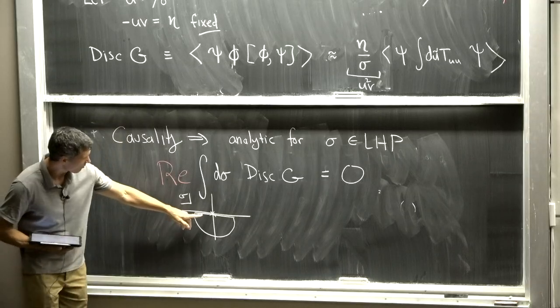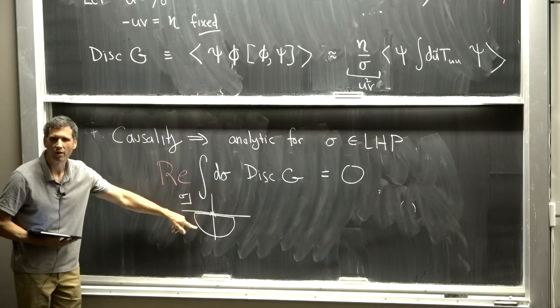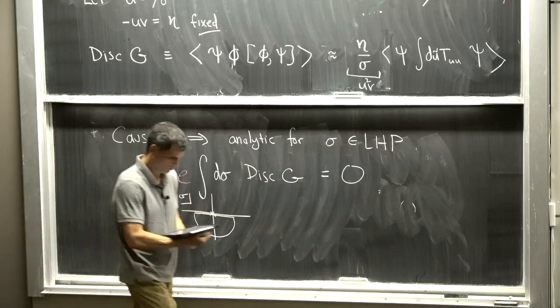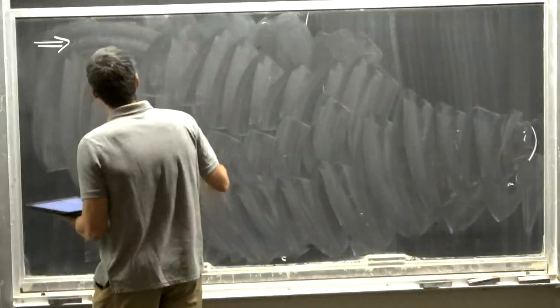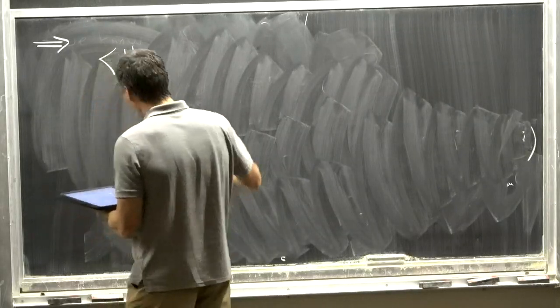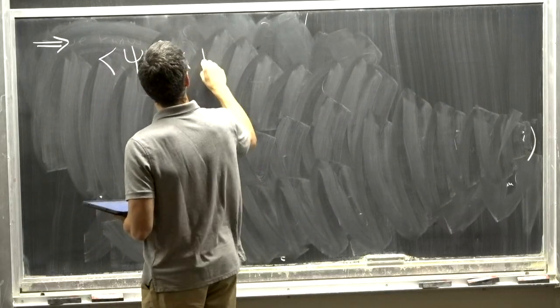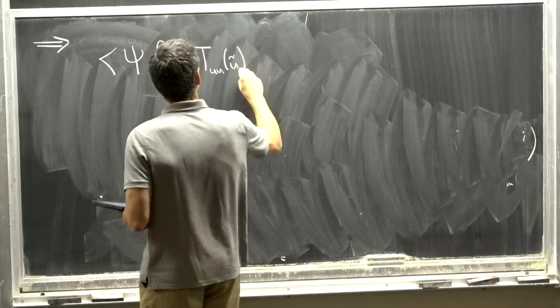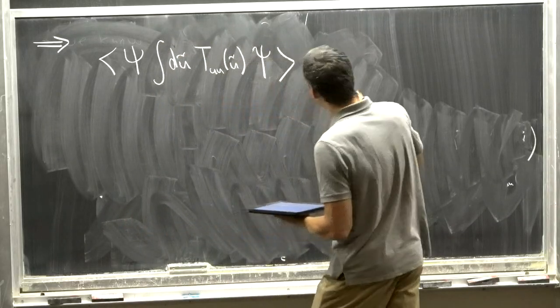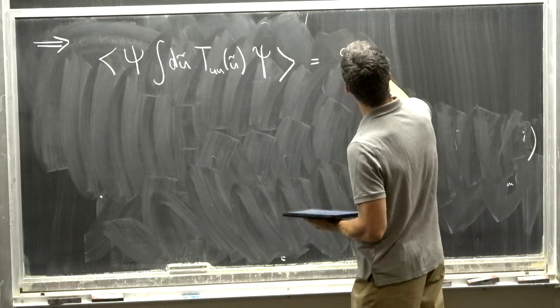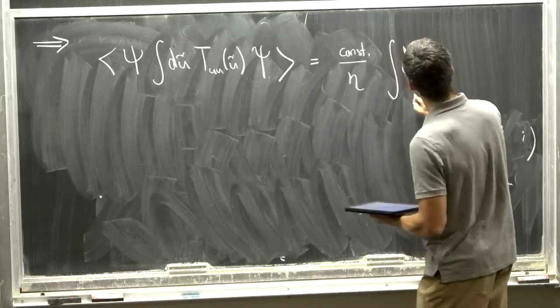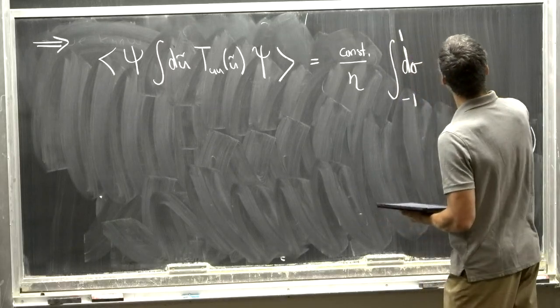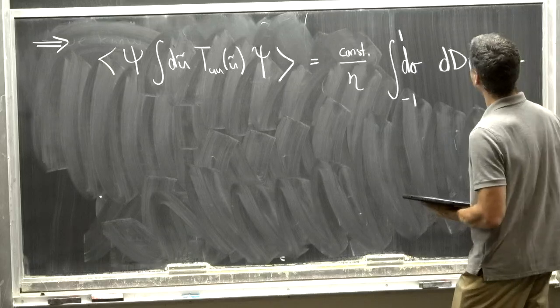If I split this contour integral into two pieces, the contribution from the straight part and the contribution from the semicircle, that gives us the formula: psi integral du tilde T_uu of u tilde psi is equal to some constant over eta, integral d sigma from -1 to 1 of the double discontinuity of G.